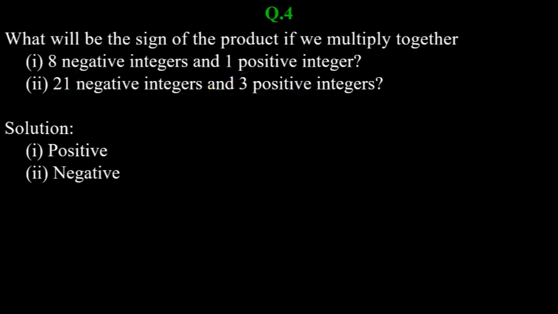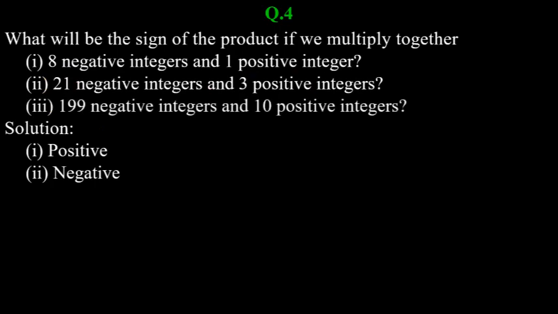Akanksha, Arush correct. Next, 199 negative integers and 10 positive integers. Siddhi correct. Tina correct. Ashrit correct. Arush correct. Akanksha correct.